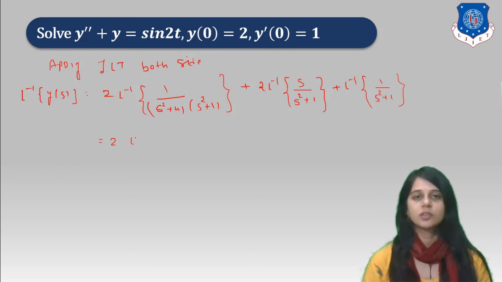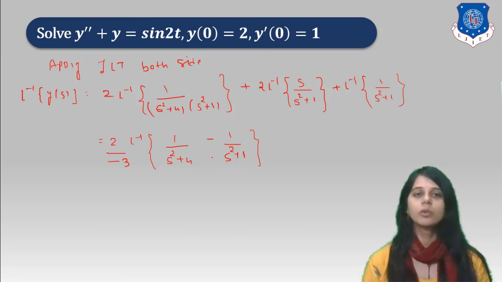Now solve this. 1 upon s square plus 4 minus 1 upon s square plus 1, we divide by minus 3. To convert multiplication to subtraction, we take the numerator as extra coefficients.